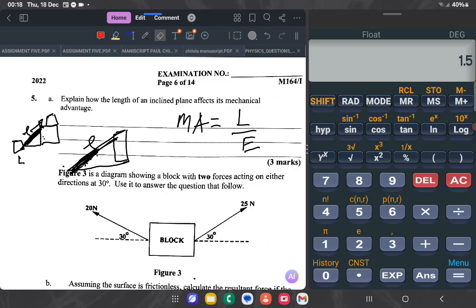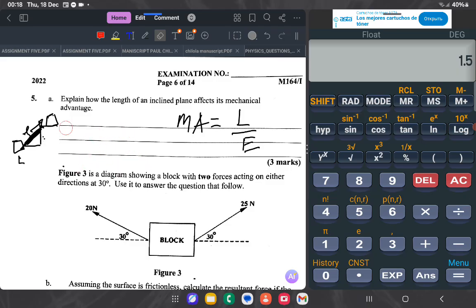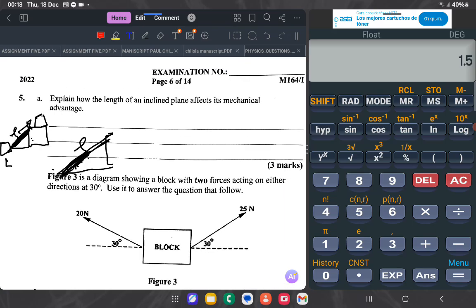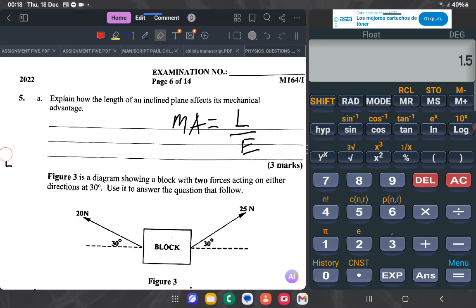Therefore, you require less effort. So when the effort is less, mechanical advantage is going to be greater. So, explain how the length of an inclined plane affects the mechanical advantage.